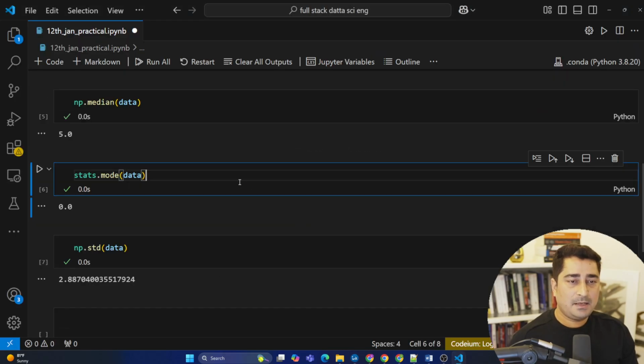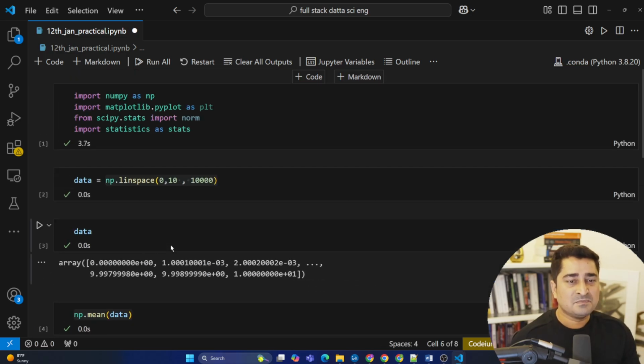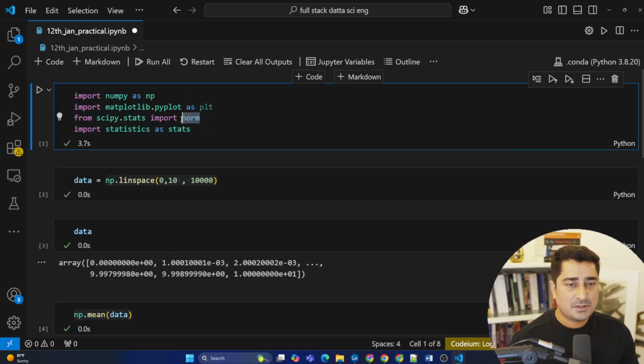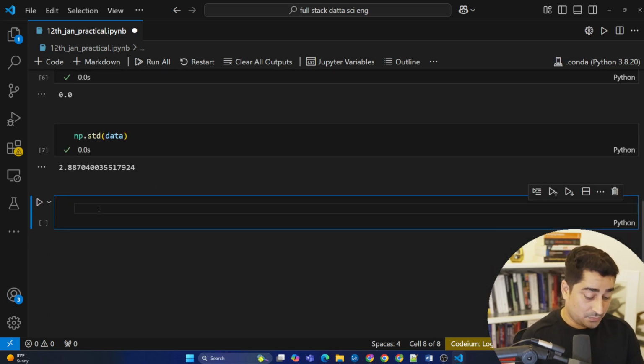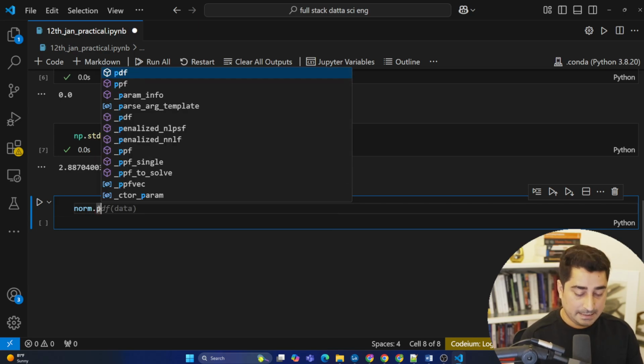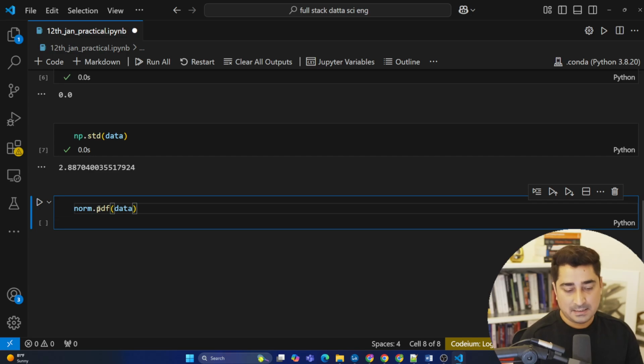So how will I be able to calculate a probability distribution or density function? There is something called norm that I have imported from SciPy stats. This is going to give you basically the PDF. So here I can call norm.pdf and pass the data.